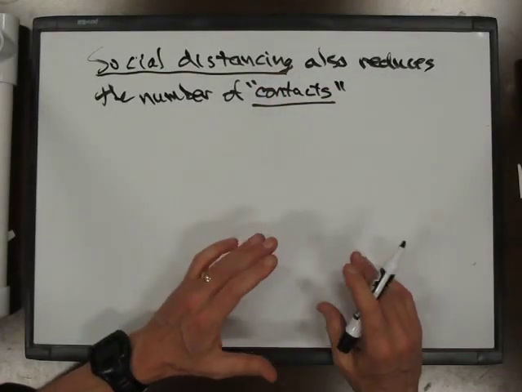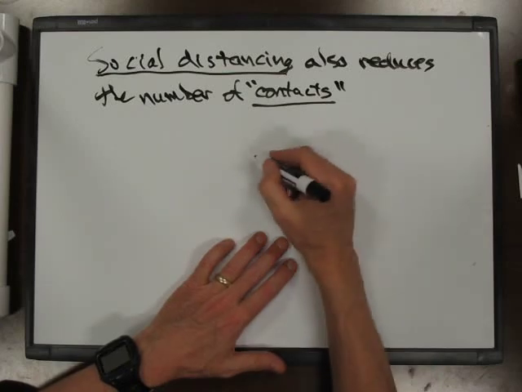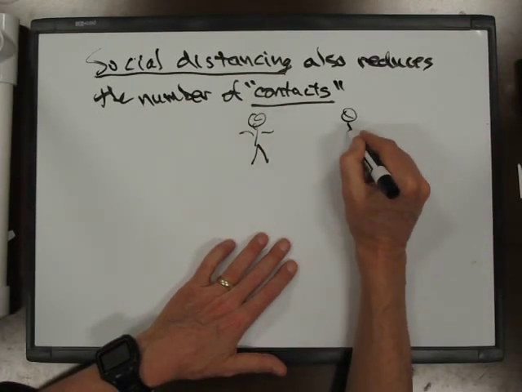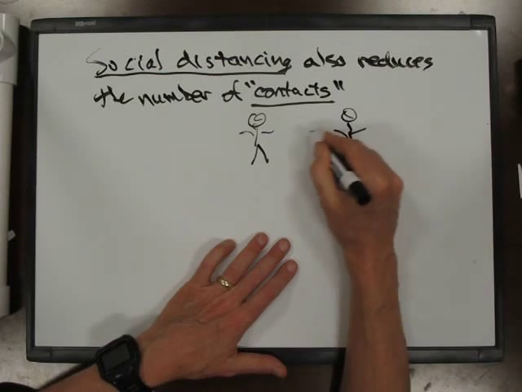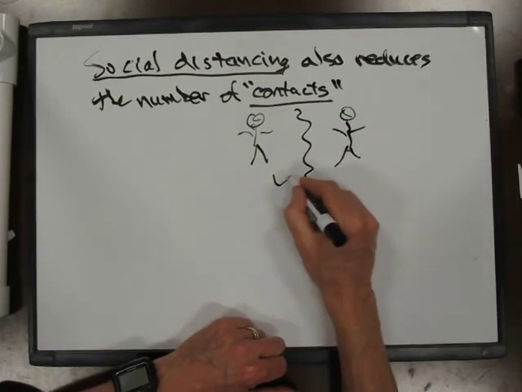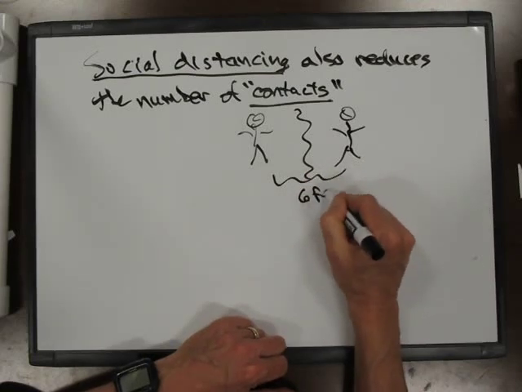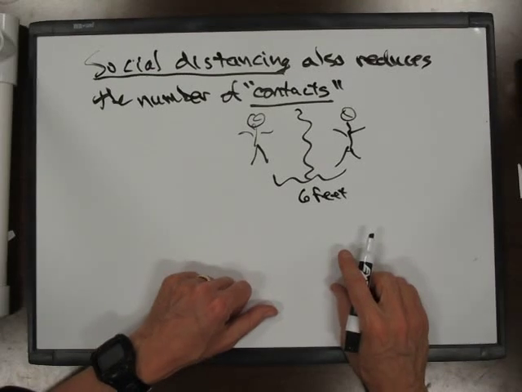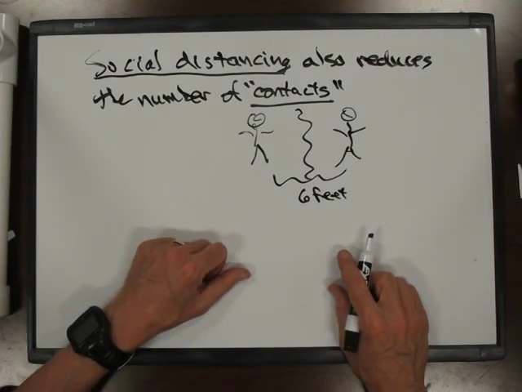Even though I stand and talk to somebody who's 6 feet away, right? If we're far enough away, then the disease can't transmit between us. And so if I'm 6 feet away, I can say this is not a contact. And so social distancing reduces the number of contacts.